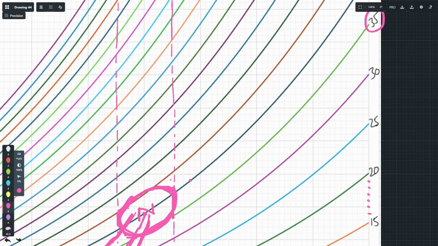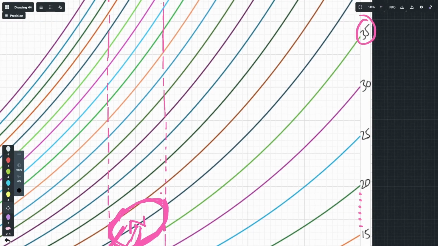So 3.5 units would be somewhat here. Then further I go 1, 2, 3, 4, 5 units right here, and then a further 3.5 unit jump would be there.